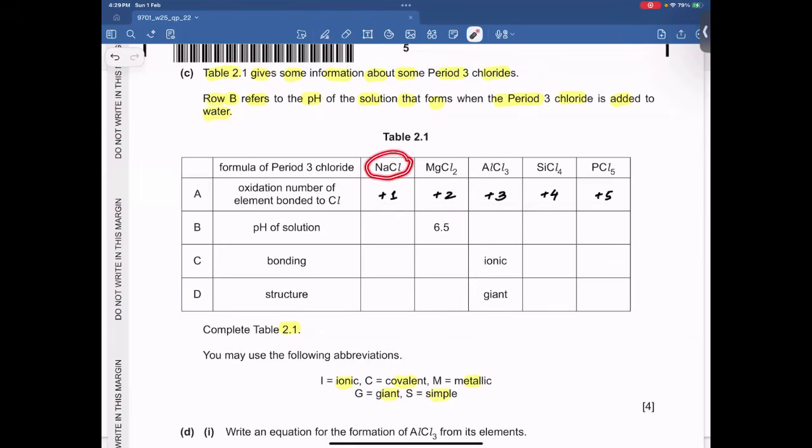Whenever sodium chloride is dissolved in water, it will give you a neutral solution of pH 7. That's what we have given you in the class. Aluminum chloride, whenever dissolved in water, hydrolyzes, and because of that it will give you an acidic solution of pH 1 to 3. Similarly, SiCl4 is also hydrolyzed with water because of the presence of empty d orbitals, and therefore its pH is again 1 to 3. PCl5 also gives an acidic solution whenever placed in water.